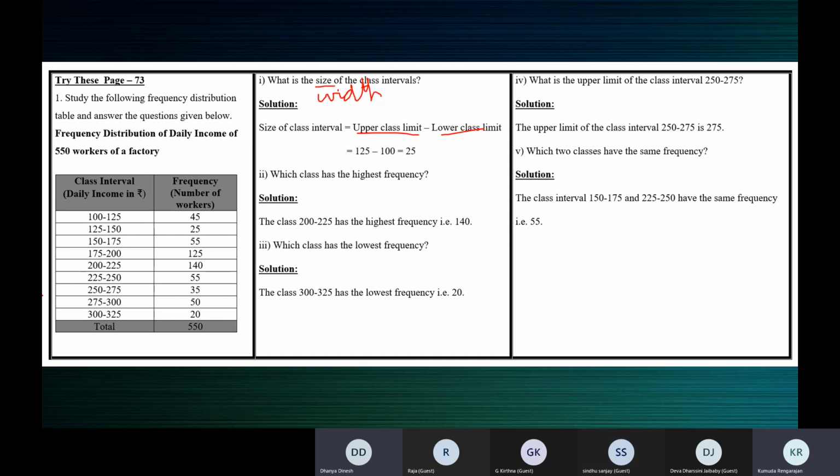What is that same frequency? 55. So which are the two class intervals with the frequency 55? 150 to 175 and 225 to 250. Very good.